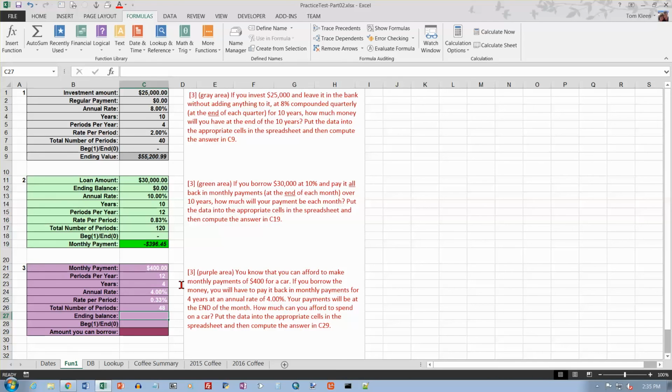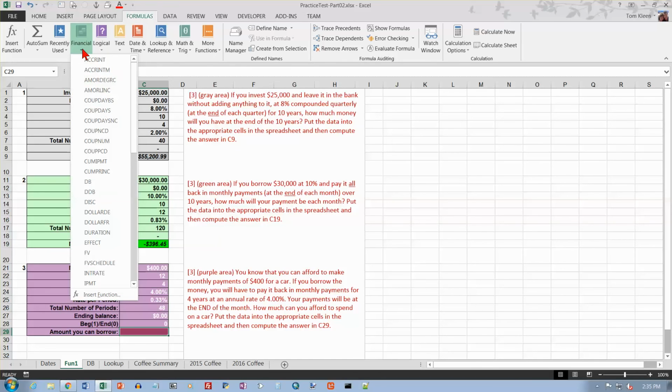The ending balance is what we're trying to... The ending balance is going to be 0, and we're doing this at the end of the month, so there's a 0 here, and we're trying to find out the present value. So how much money we can borrow right now. So that's the amount you have in your hand right now is the present value.